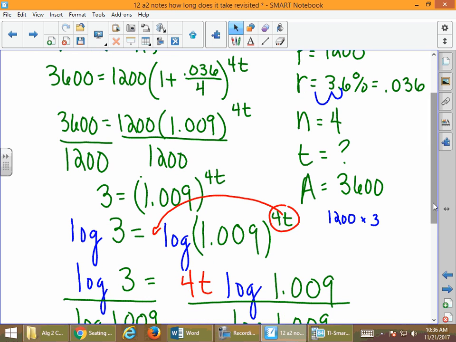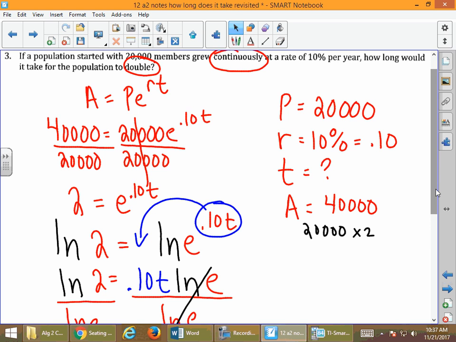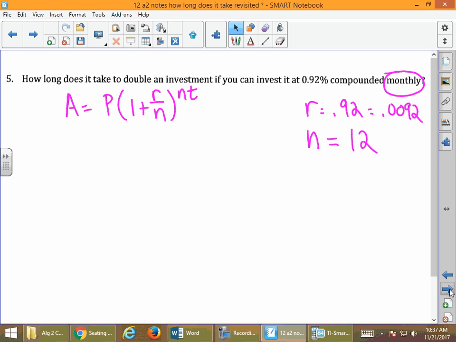When we isolated, we took 3600 divided by our 1200, and look what happens. We got 3. On 3, we were doubling our population. When we took the doubled, we took 40,000 divided by 20,000, we get 2. There's our double.